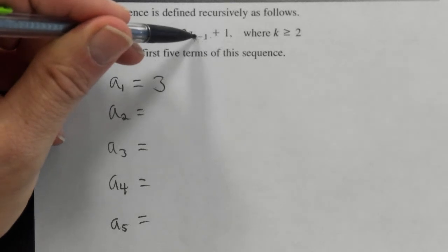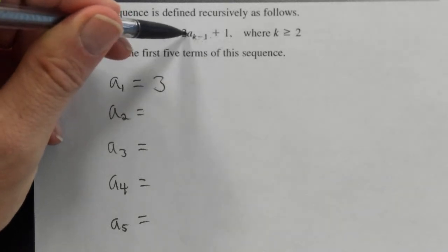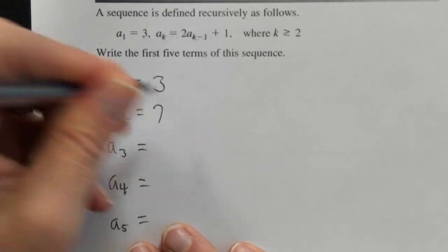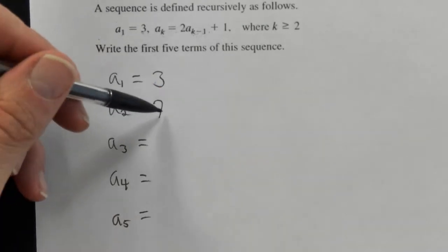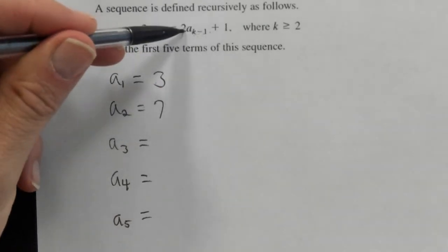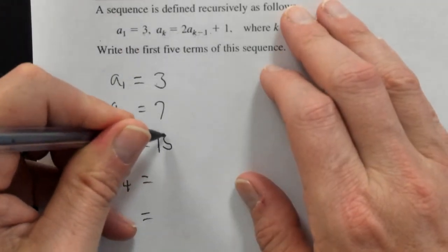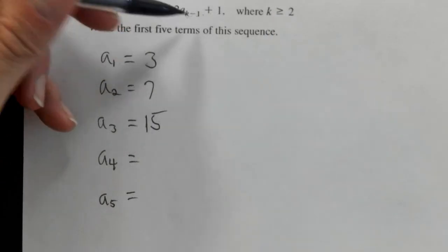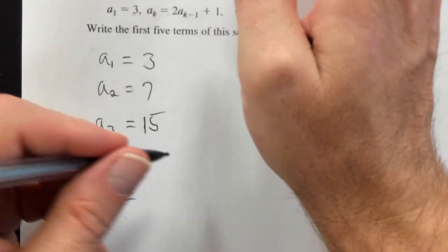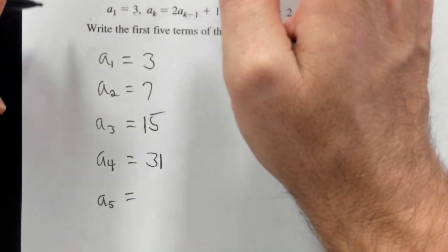So if I plug 3 here, times 2 is 6, plus 1 makes 7. All right? Then it's the same thing again. I need to plug 7, times 2, 14, plus 1 is 15. All right? 15 times 2 is 30, plus 1 is 31. That's the fourth term.